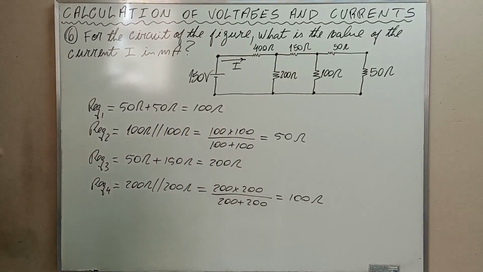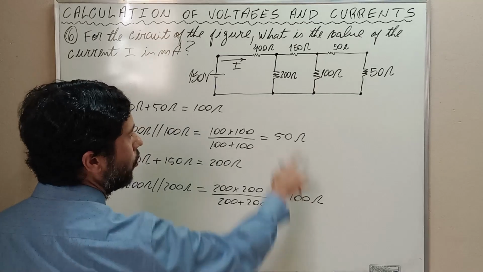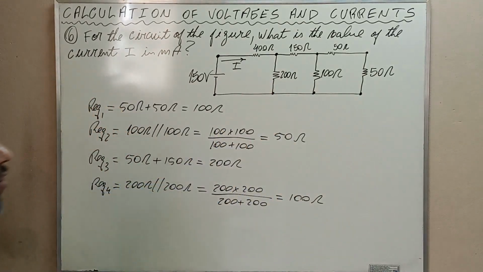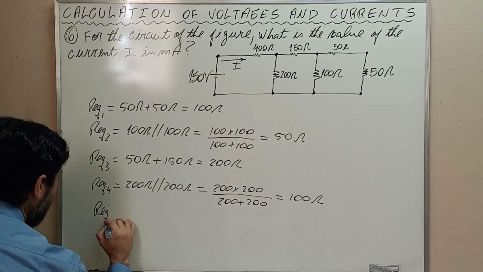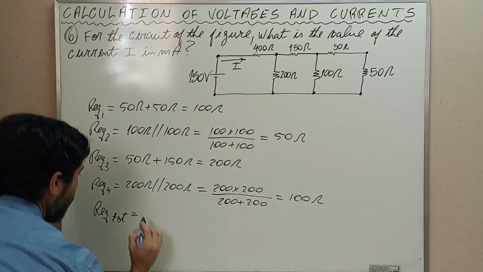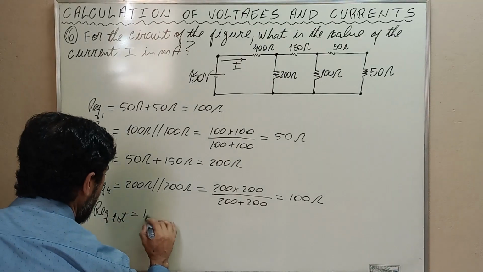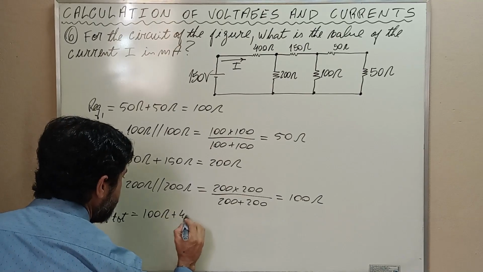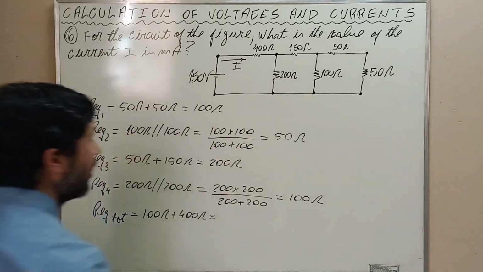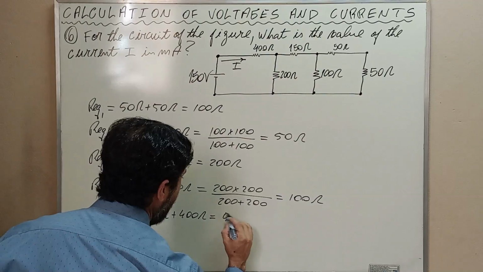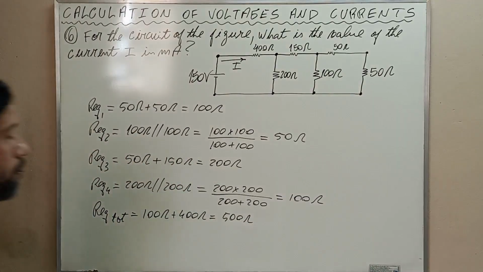Finally, we observe that this 100 ohms is in series with that 400 ohms resistance. Thus, the final or total equivalent resistance is 100 ohms plus 400 ohms, and this is equal to 500 ohms.